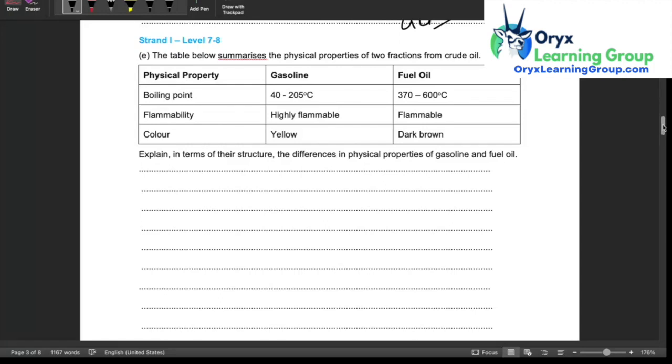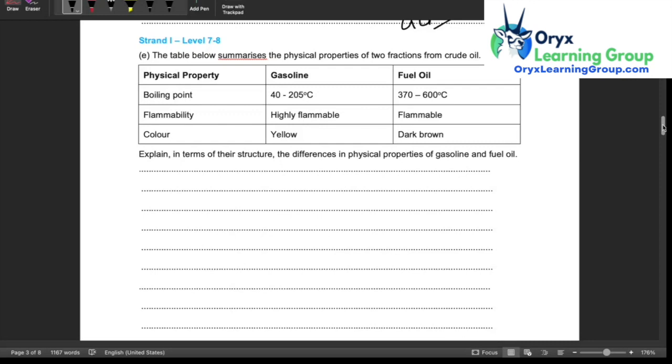Yeah, I'm still thinking on this one. Okay, Laura and Alex. So we can see that gasoline burns at a lower temperature than fuel oil. And we can also see that gasoline is more flammable than fuel oil.